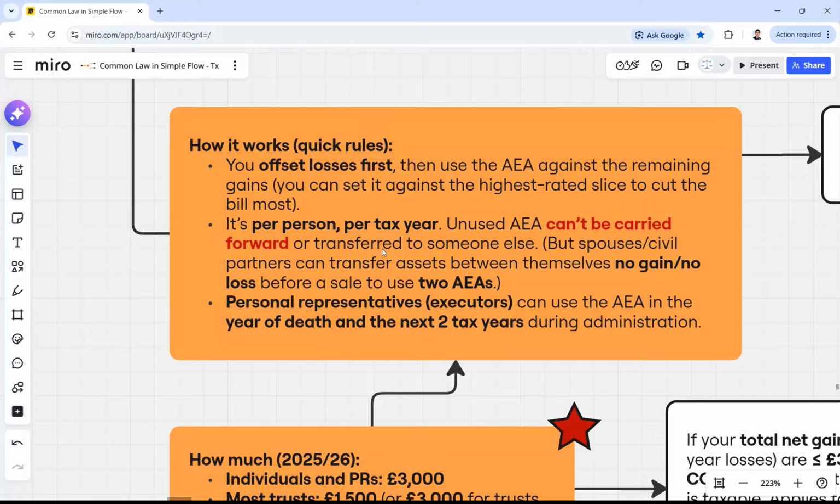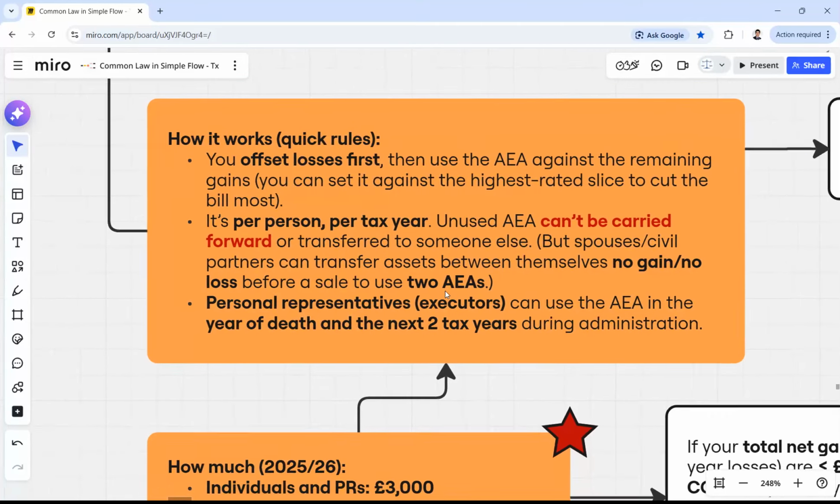But spouses and civil partners can transfer assets between themselves, no gain, no loss, before a sale to use two AEAs. So the spouses, civil partners, can transfer their assets in order to use the AEA twice.